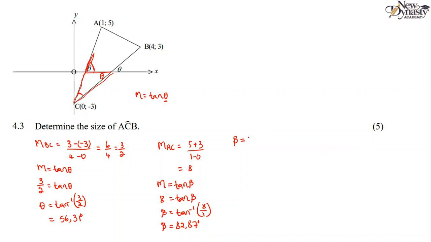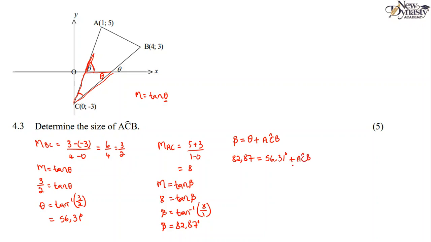So that is equal to the sum of theta and angle ACB. So we do have those. Beta is 82.87 and equals your theta, which is 56.31, plus this angle that we are looking for.